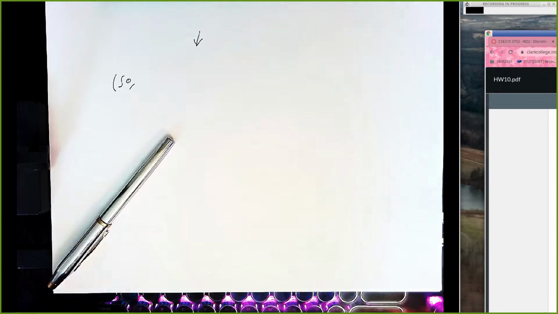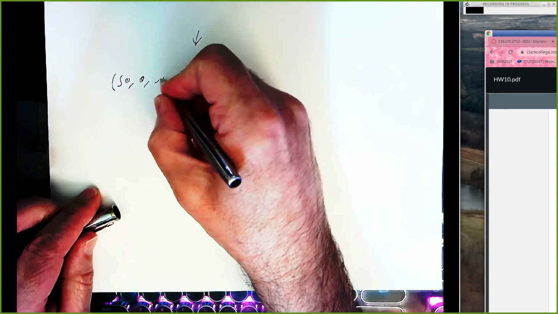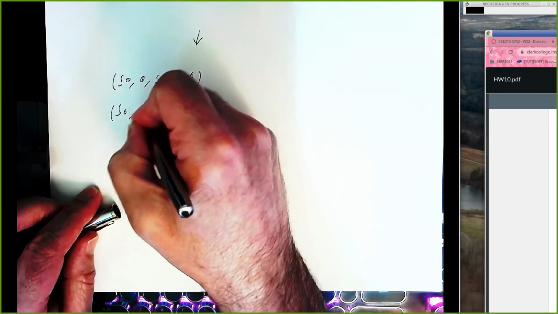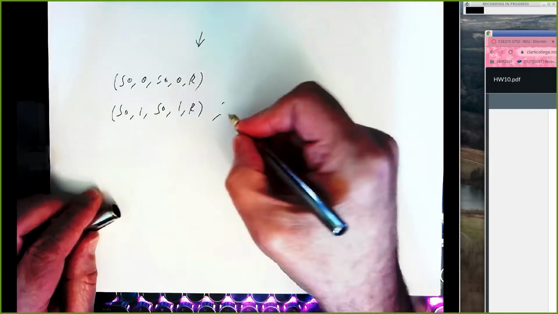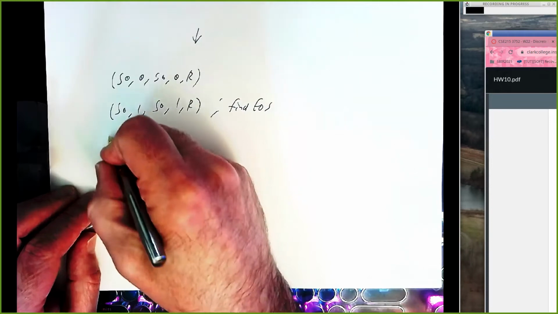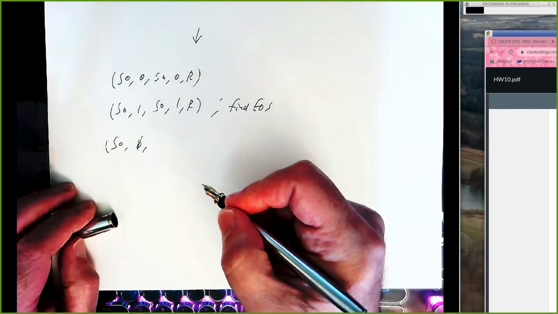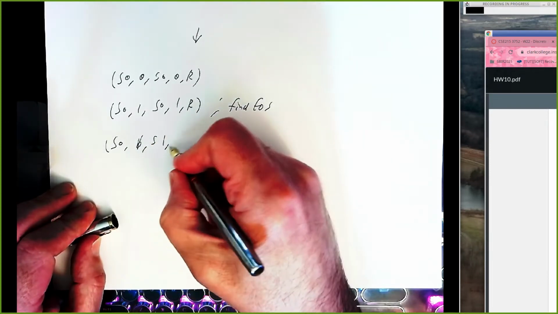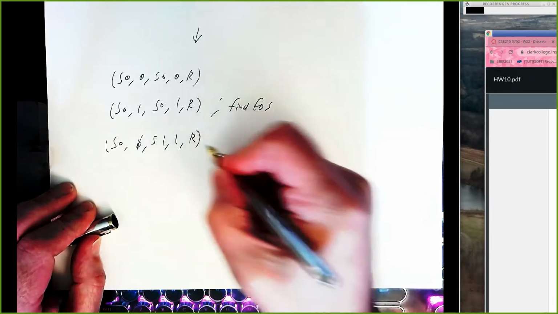Yeah. So state 0, if there's a 0, stay in state 0, write a 0 and go to the right. State 0 and a 1, stay in state 0, write a 1 and go to the right. Here we're trying to find the end of the string. If you're in state 0 and there's a blank, we can go to state 1, replace the blank with a 1, and it doesn't matter which way we move.